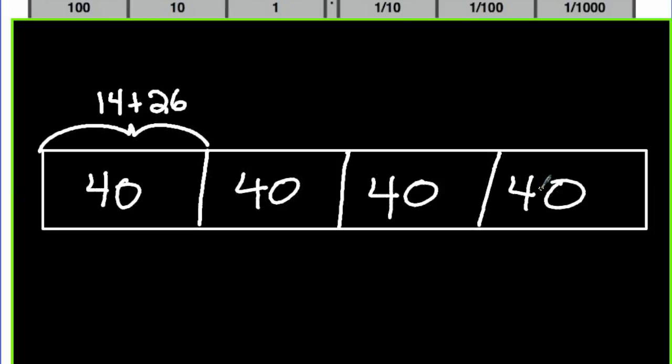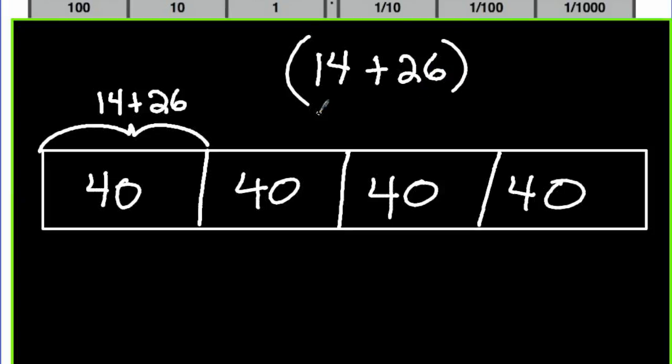What do you think? 14 plus 26. Numerical expression, guys. 14 plus 26, that's the information they gave us, right? You have to use it. You have to use the numbers that they gave you. So 14 plus 26 times 4. This is my numerical expression. And this is my model.